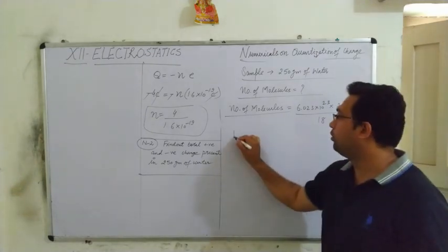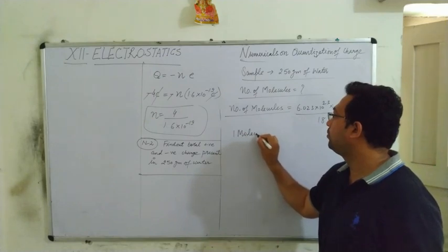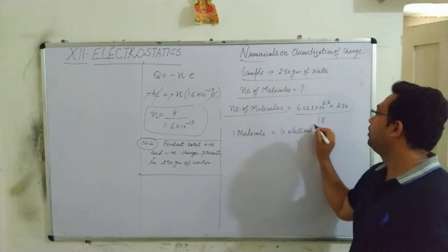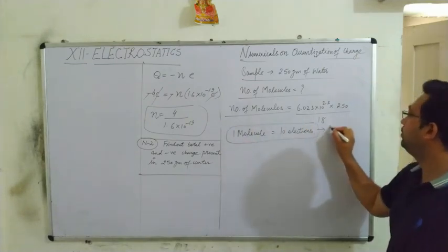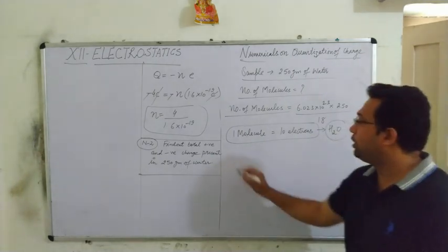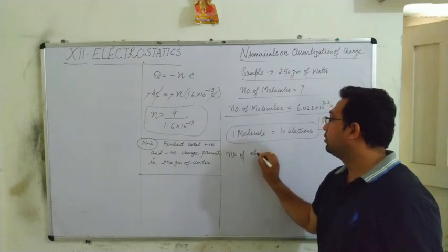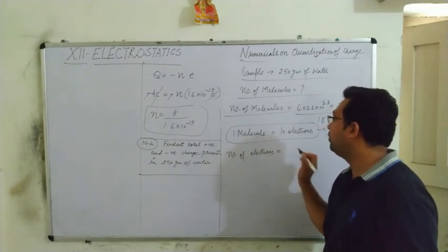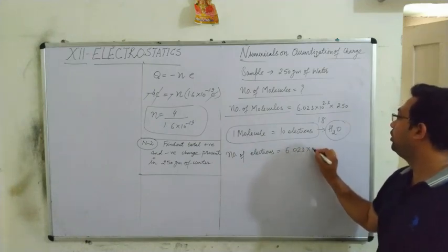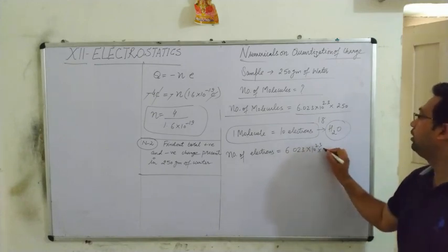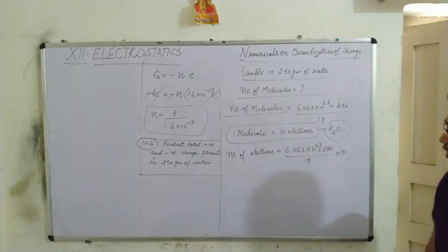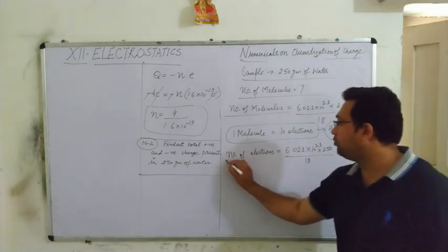Now in one molecule we have 10 electrons. Number of electrons we can find easily by multiplying the number of molecules by 10. Now we have the value of N.